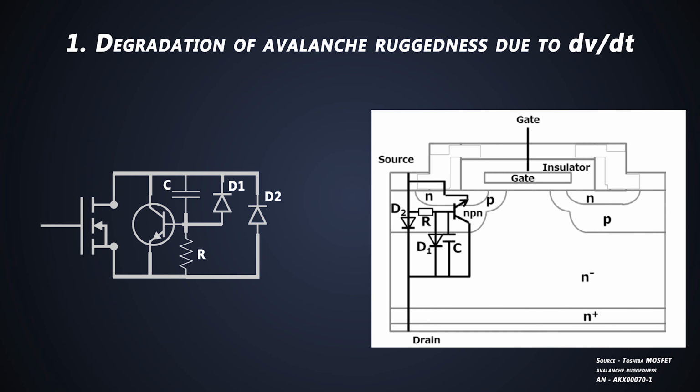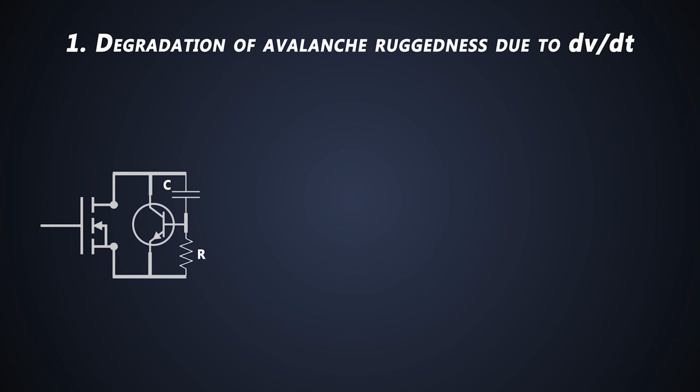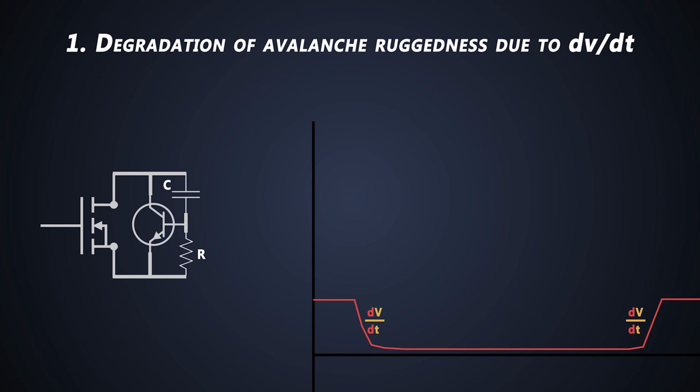The NPN transistor is present between the drain and source of the MOSFET. When the drain to source voltage changes rapidly during the turn-off process of a MOSFET, its parasitic NPN BJT might exhibit a false switching, making the MOSFET vulnerable to secondary breakdown and eventually permanent damage.